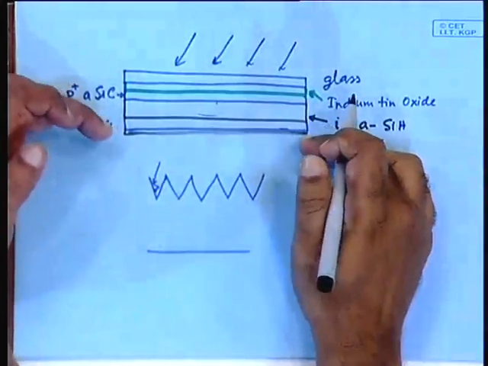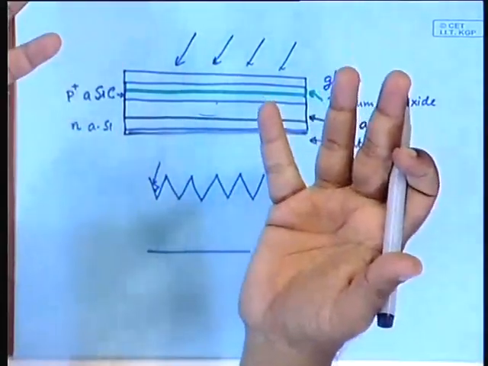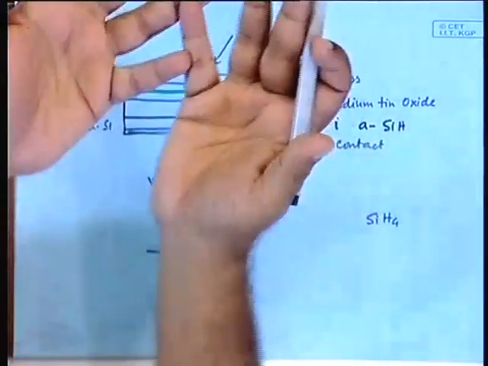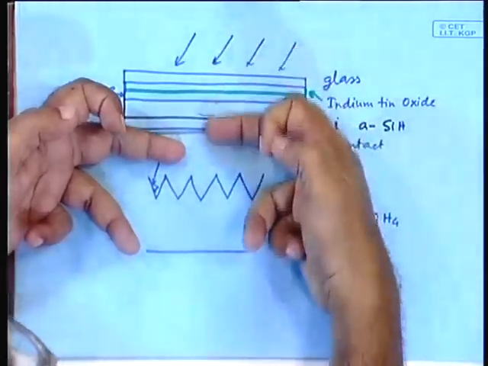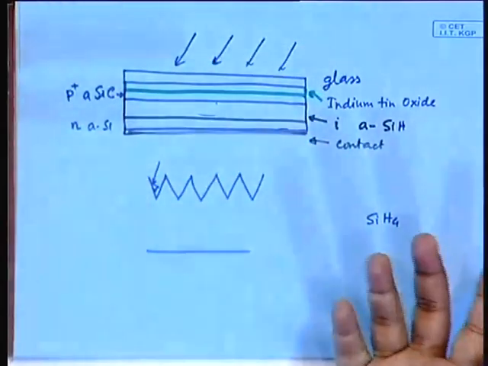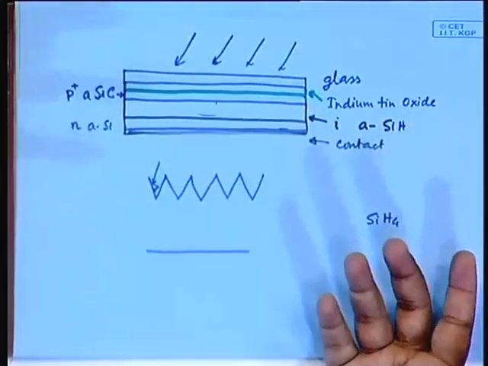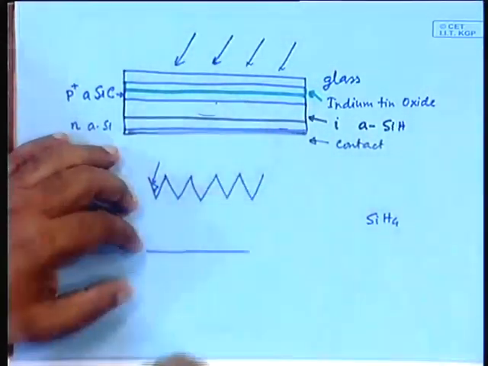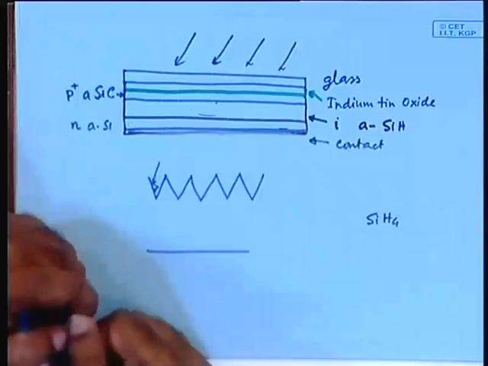That contact layer is made reflecting, so that whatever goes up to this point is again reflected back. So, actually the light goes through multiple reflections between these two, ultimately has to be absorbed. So, this is the other trick by which people try to improve the efficiency of this kind of solar cells.